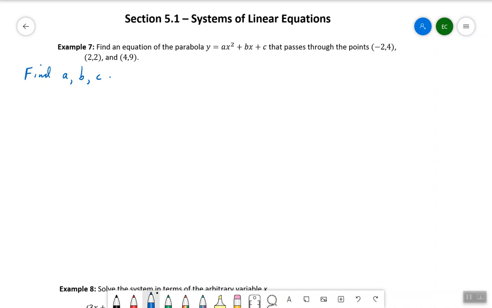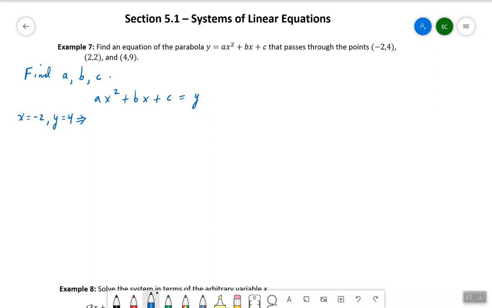And so we're given x and y that we can plug into this equation, and so let's do that. So the equation says ax squared plus bx plus c equals y. I've switched the y over to the right side, and so now I want to take x equals -2 and y equals 4, and I want to plug in.